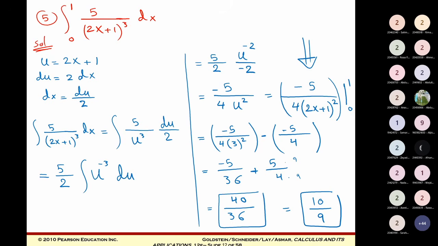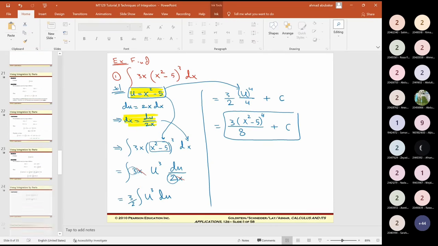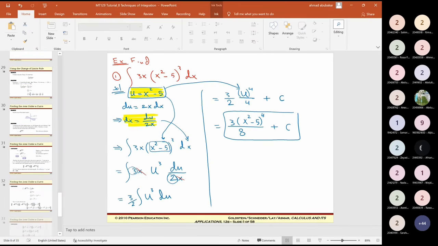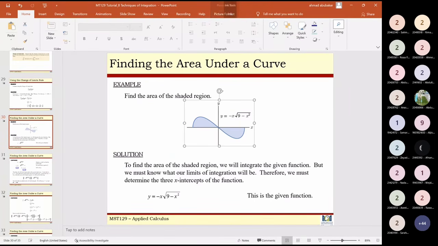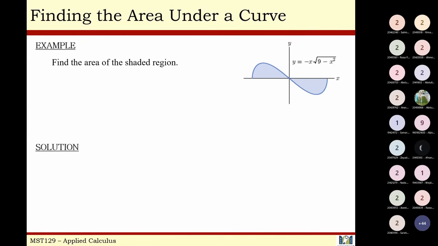Now, some application of definite integration: we have the area. We need to find the area of the shaded region.